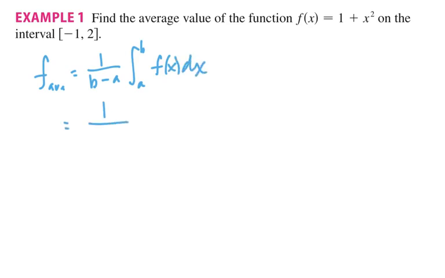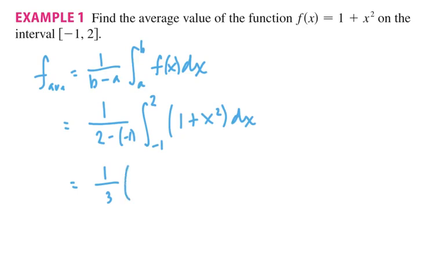So we have 1 over, the interval is from -1 to 2, so we have 2 minus -1, the integration from -1 to 2 of 1 plus x squared dx. So we have 1 over 2 minus -1 is 3. Now we can go ahead and integrate. This is not a hard one.